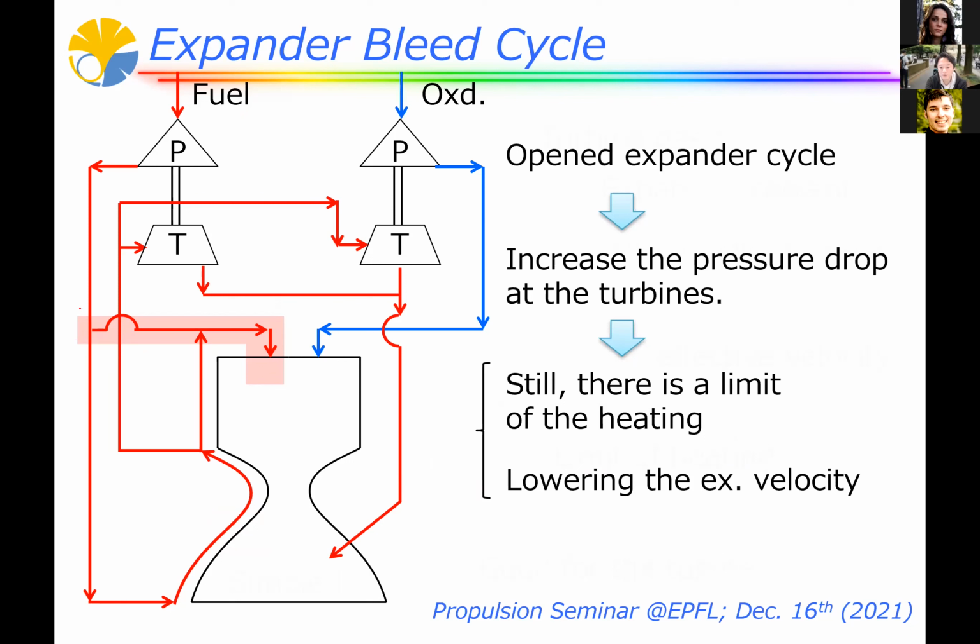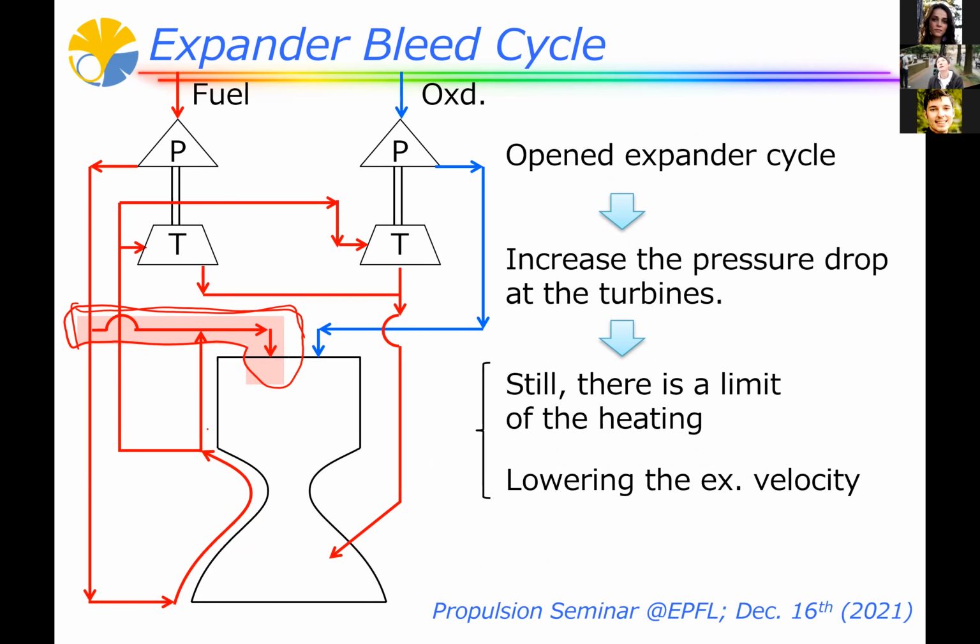Here you see a bypass line from here. By using this bypass line, you can somehow decrease the limitation of the thrust. In this case, the specific impulse is decreased a little bit, but you can increase the thrust.